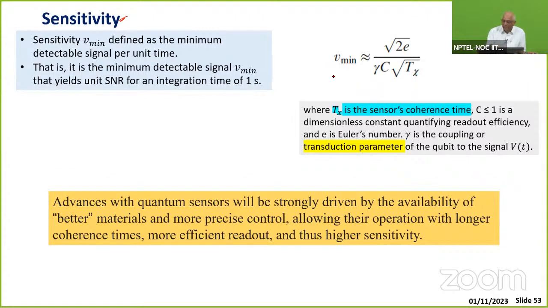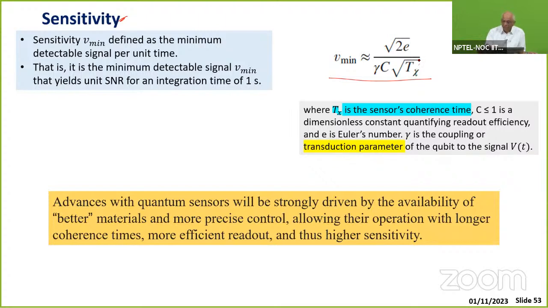So it is given by this formula here. And the important thing here is this coherence time. C is a dimensionless parameter, the Euler number, and gamma is the coupling or transduction parameter of the quantum signal.